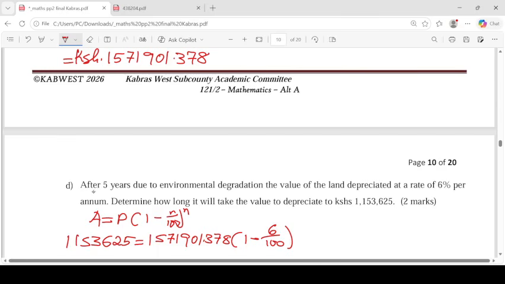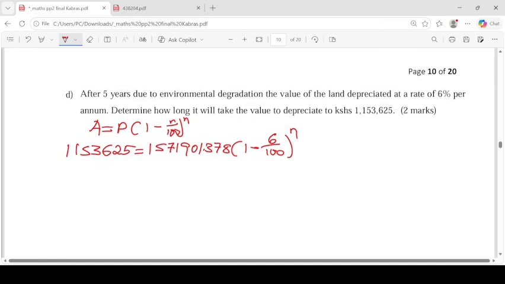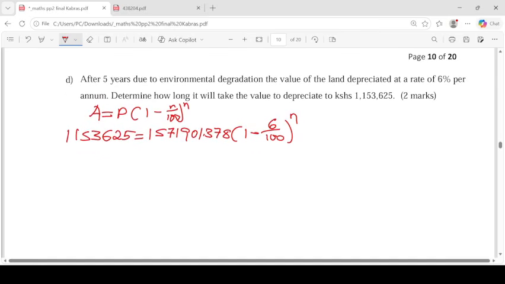Determine how long, so we don't have the n, so I'll maintain the n here. Step number 2, we can divide through by 1,571,901.378. So this will be 1,153,625 all over 1,571,901.378.